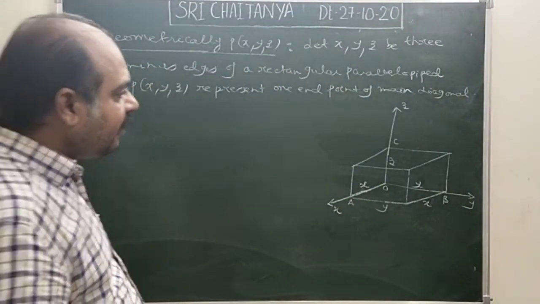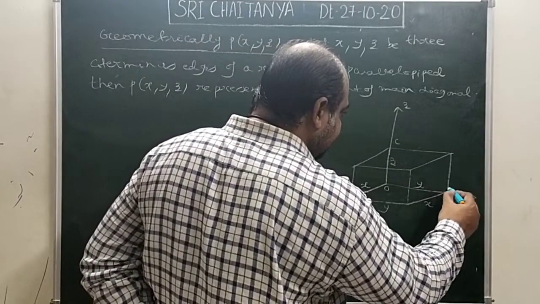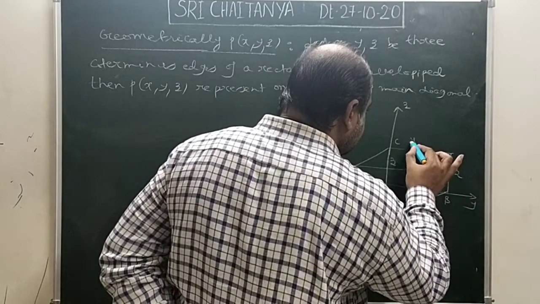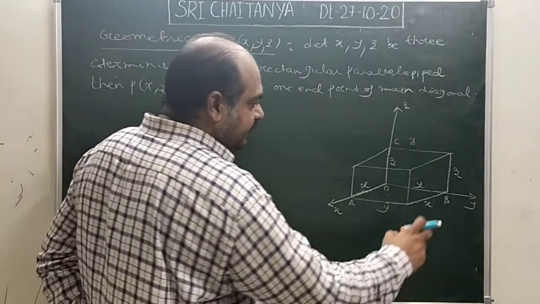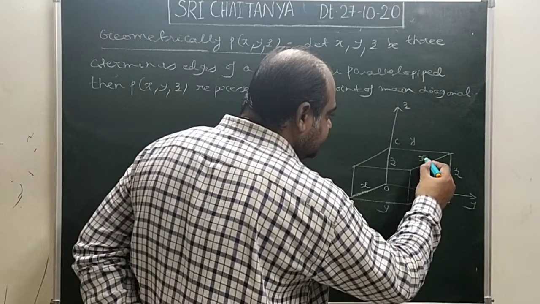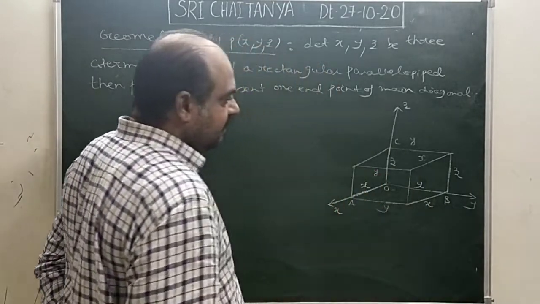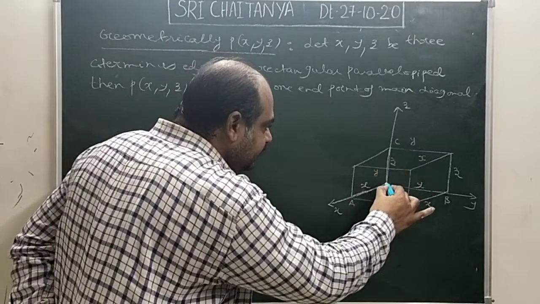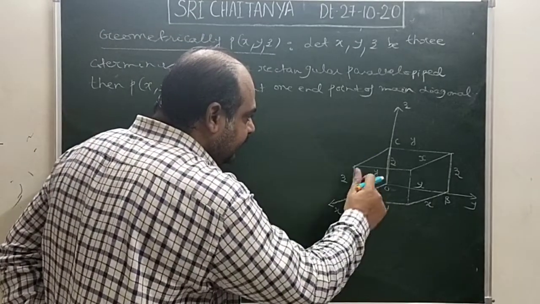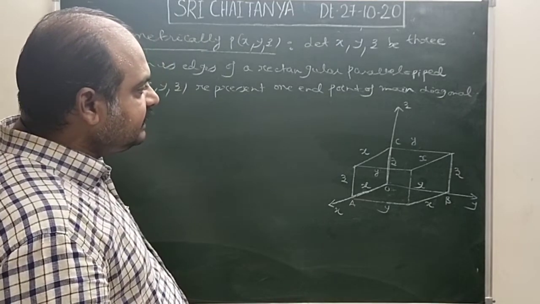Like that, all the edges you can write. This is z, so in this rectangle you can write this as z. This edge you can write as y, this edge as x, this as y, this as z. Like that, all the edges I have written.